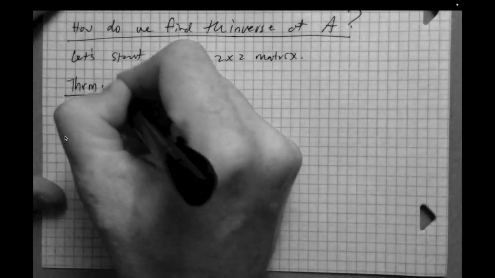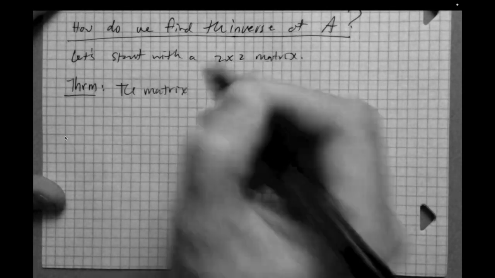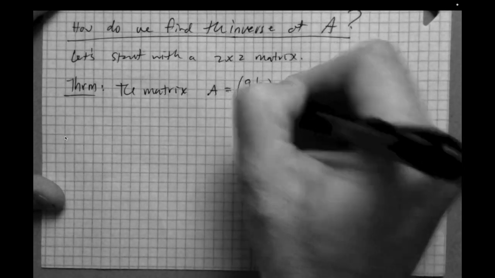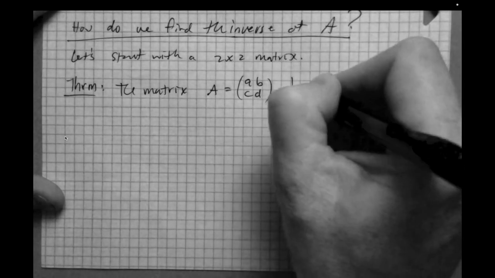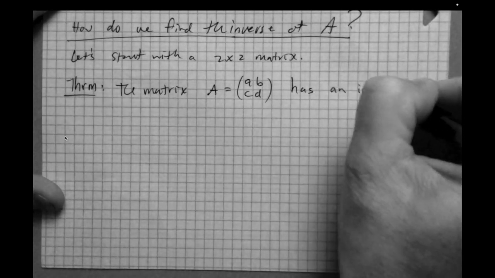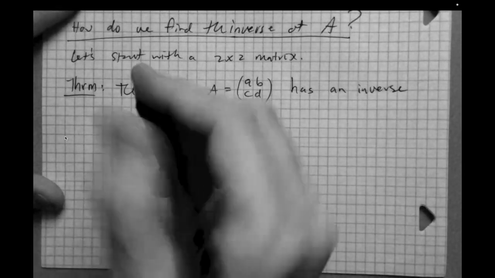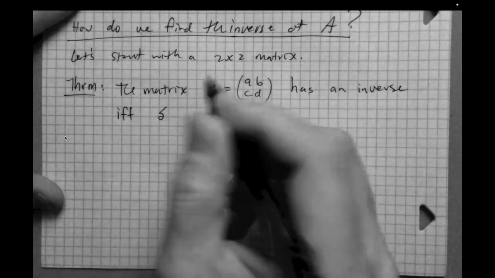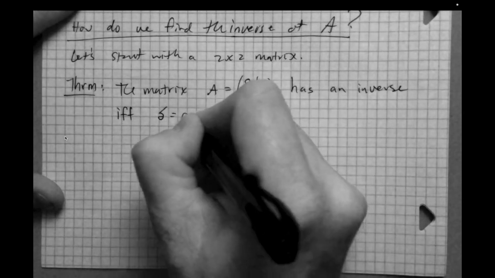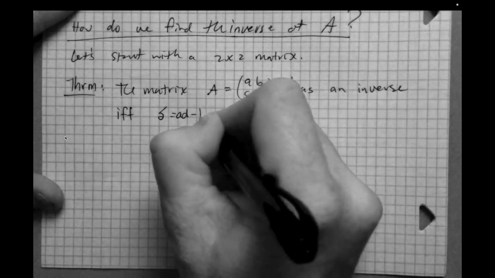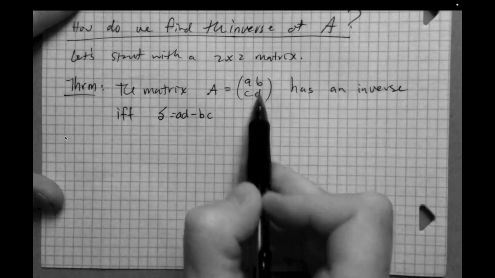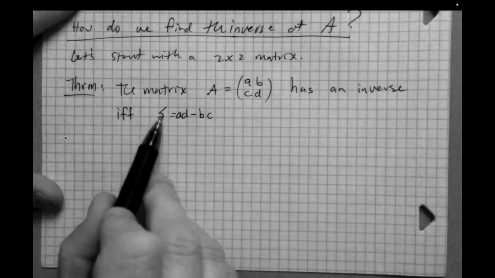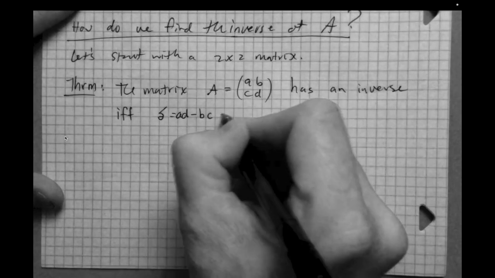Okay, so the matrix, and we'll say the matrix A is equal to A, B, C, D, a 2 by 2 matrix, has an inverse if and only if delta, and we're going to call this delta, is equal to A times D minus B times C. So the matrix A has an inverse if and only if this delta number is non-zero.